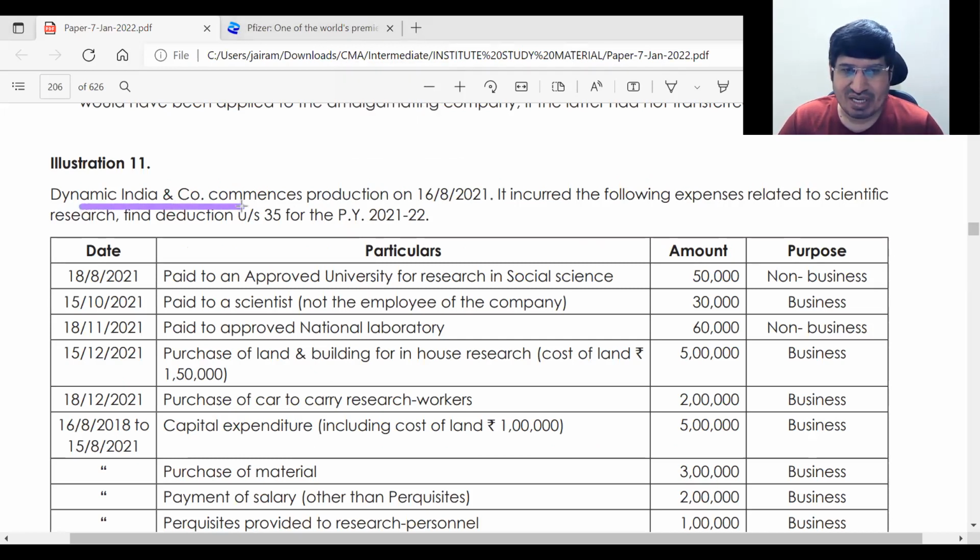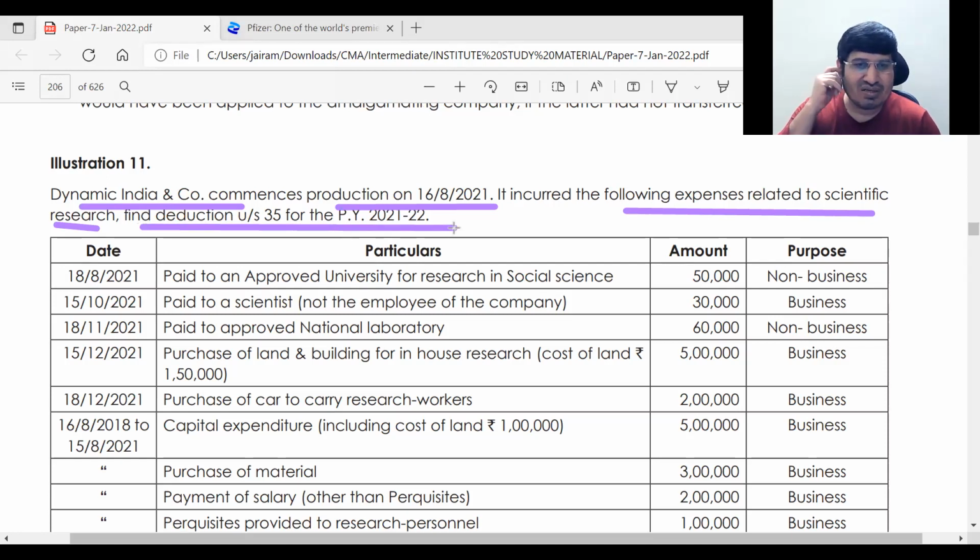Dynamic India and Company commences production on 16/8/2021. ठीक है, डेट इज 16/8/2021. Incurred the following expenses related to scientific research. Find deduction under 35. Okay, 35 is scientific research for PY 21-22.